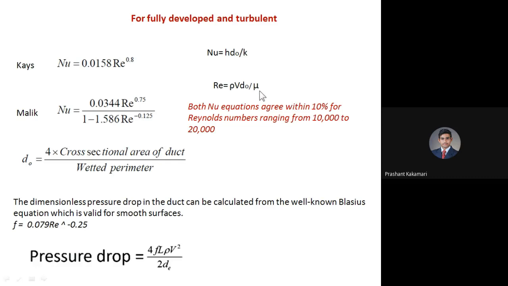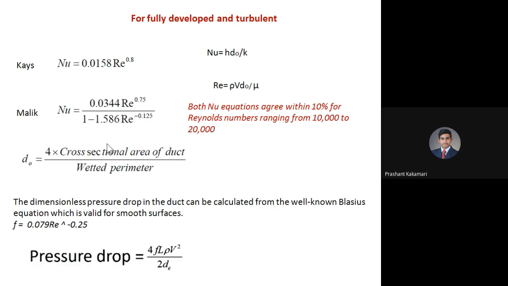Mu is the viscosity of the given fluid. Once these values are known, one can find the Reynolds number, and for turbulent flow you can substitute in this Nusselt number. Many times for the liquid flat plate collector the flow is laminar. Even with the liquid flat plate collector we'll consider one problem here, just to understand the Nusselt number effect and how to find the temperatures or the heat transfer coefficient.